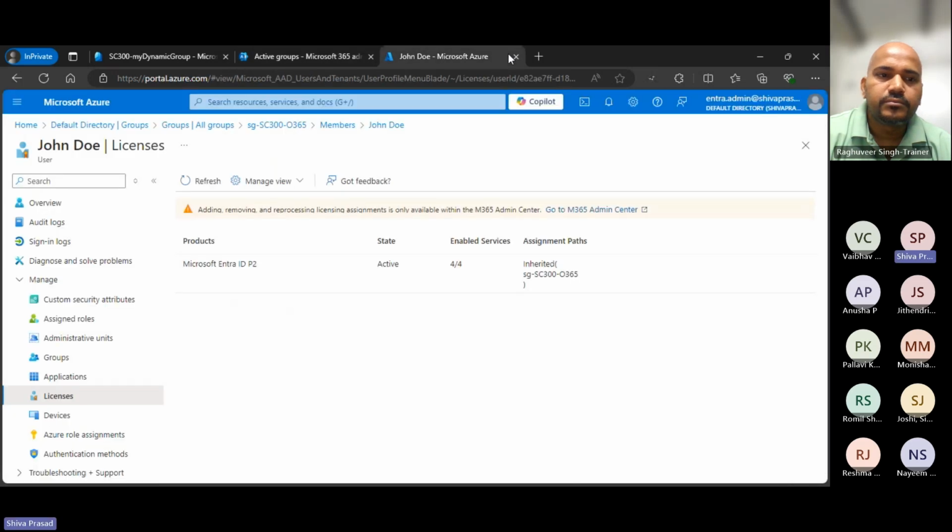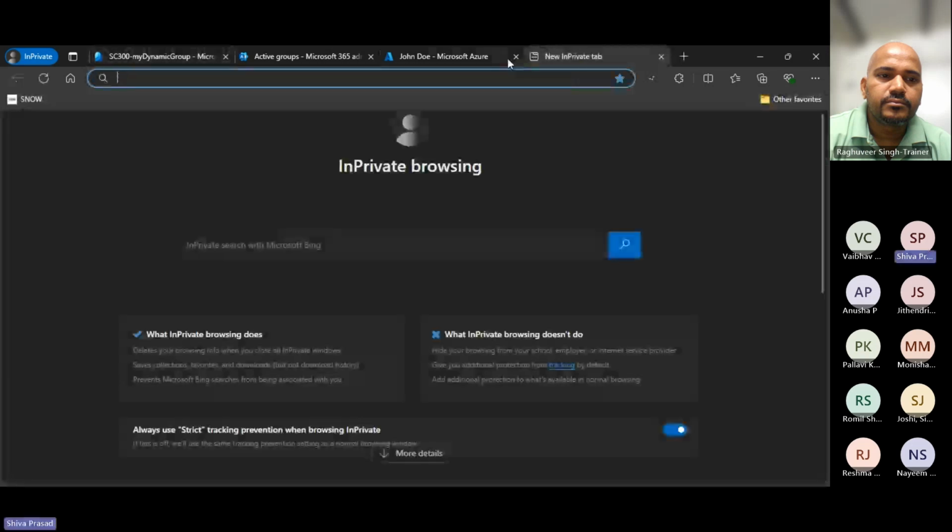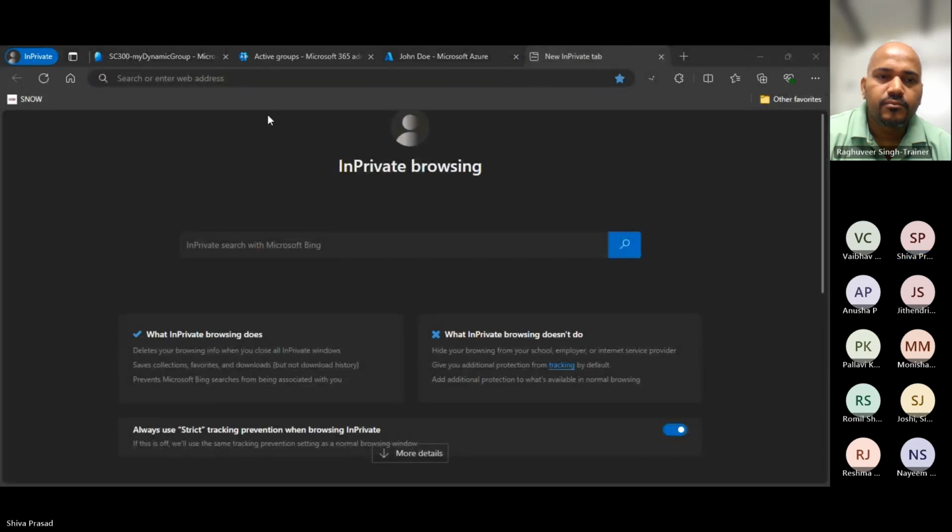I think the M365 center. One second. I don't know where that tab is. One second. Yep, no worries.